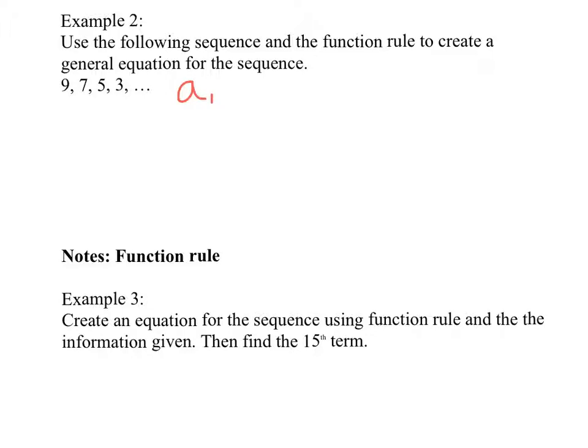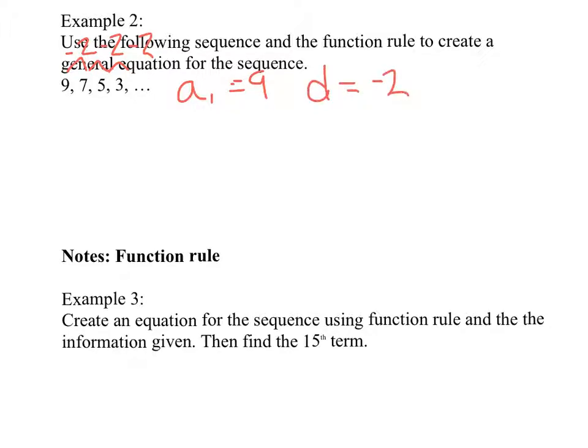Then we determine the difference. From 9 to 7 we're going down by 2, from 7 to 5 down by 2, and from 5 to 3 also down by 2. So our common difference is negative 2.